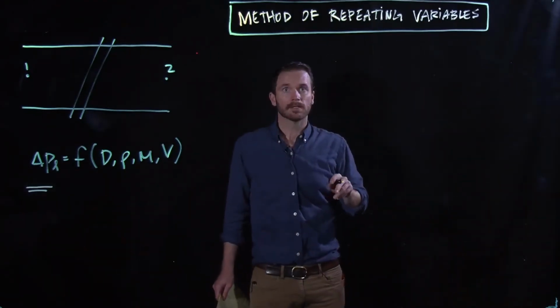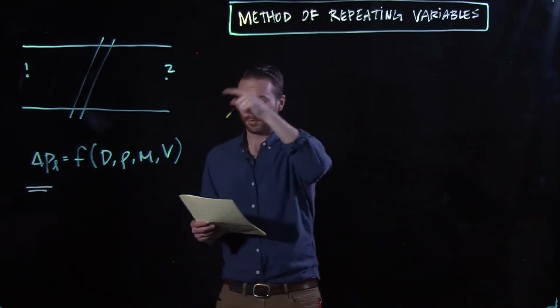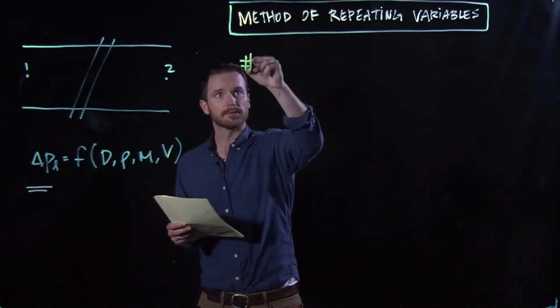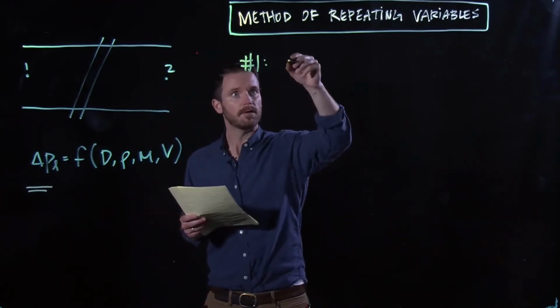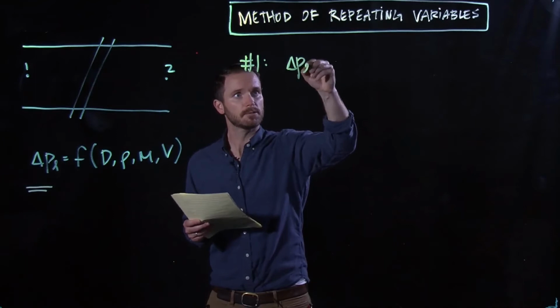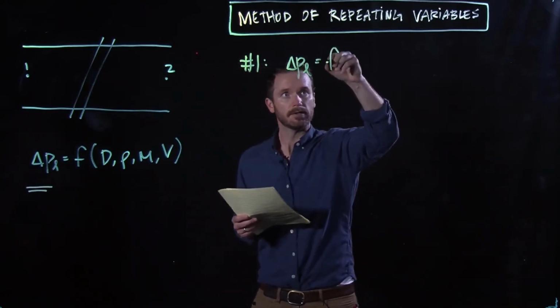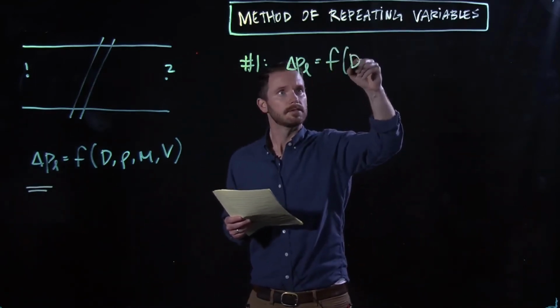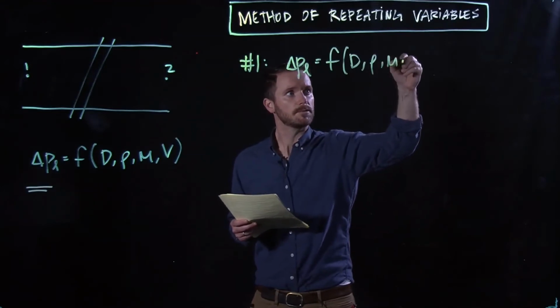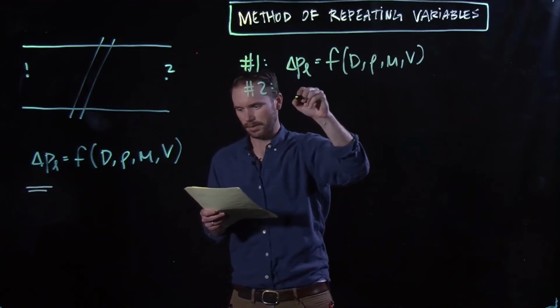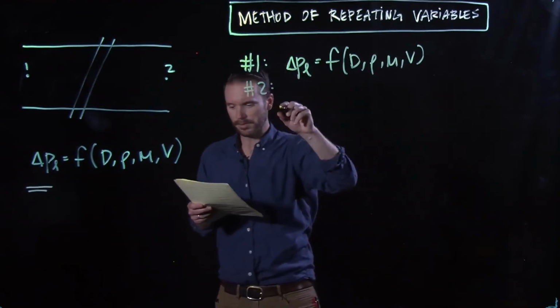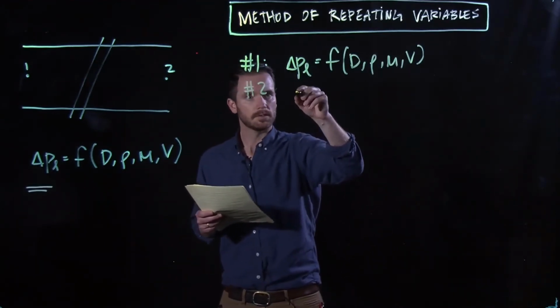All right, so let's go through the method of repeating variables for our specific problem here. So step number 1 is to determine the number of variables needed to describe the system, which we've already written, but I'll write it out here. Delta p, D, rho, mu, v. Step number 2 is to put each of these into its basic dimensions.